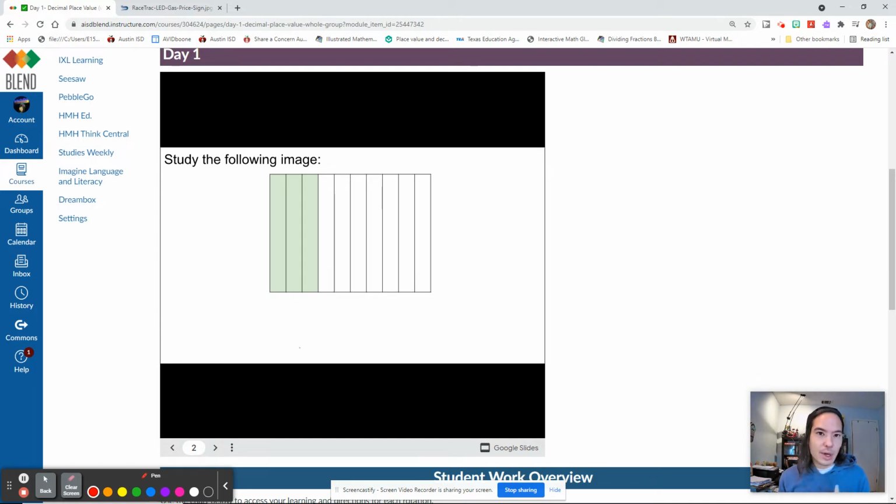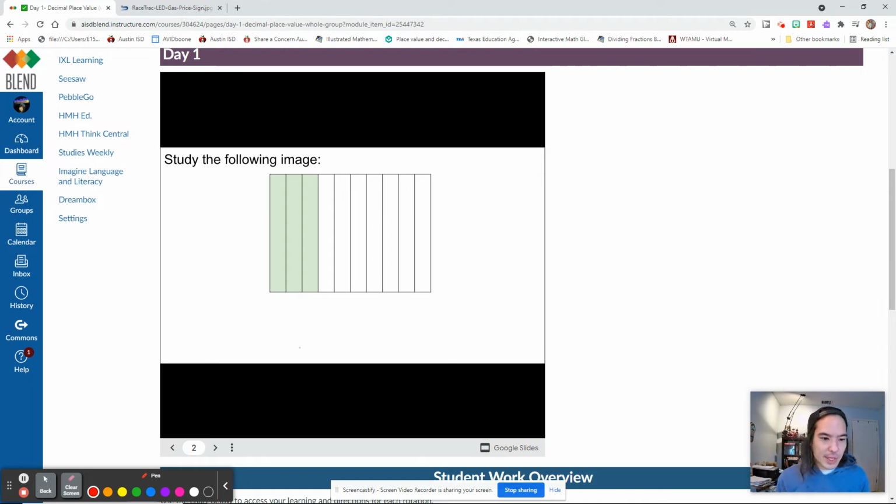So before, we knew that this was 1, right? When we're talking about whole numbers, this is 1, this is 10, and this is 100. That's not the case with decimals. It's the opposite. This is 1. This is 1/10, and then this is 1/100.